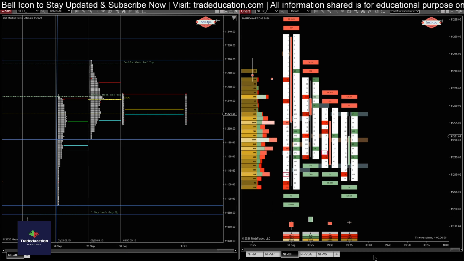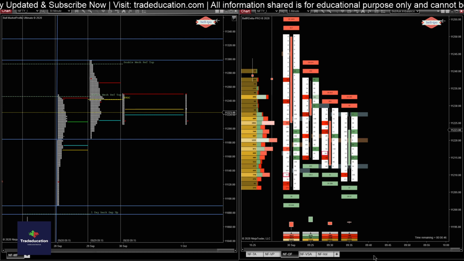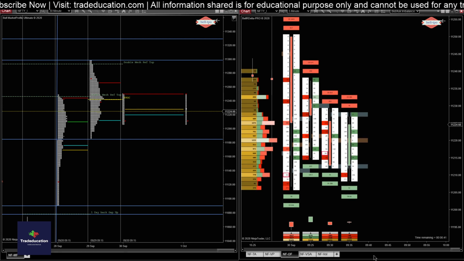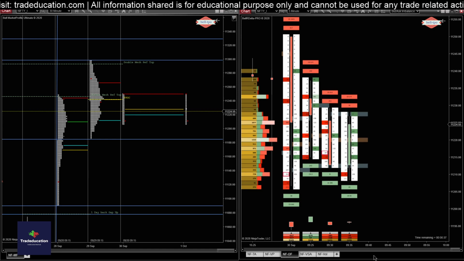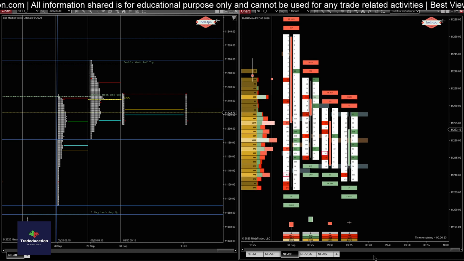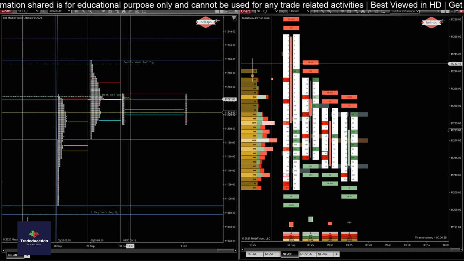Delta is flat. So we need to see whether this rejection is a good rejection.